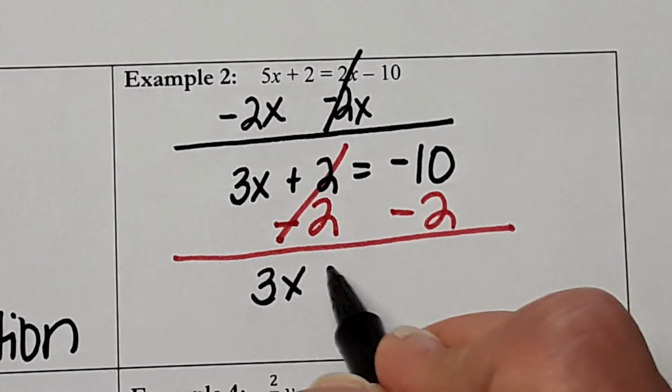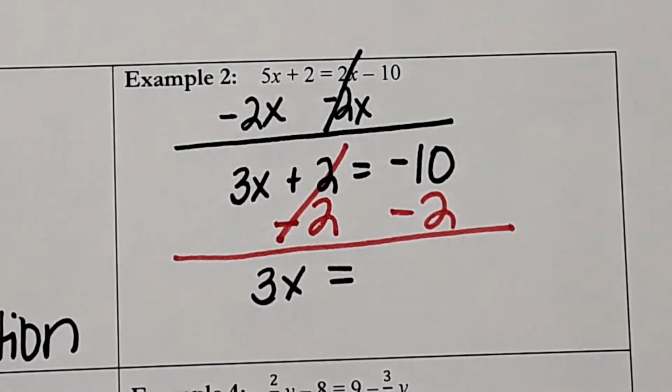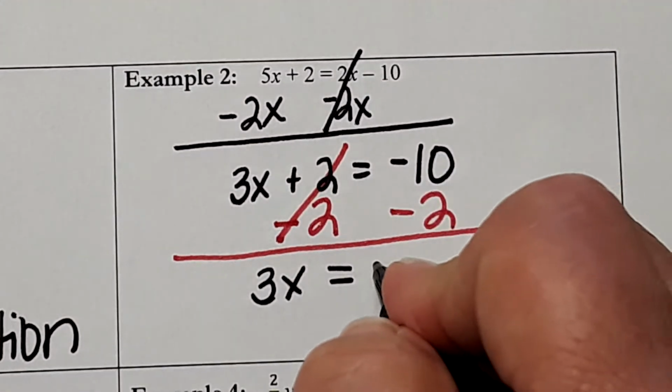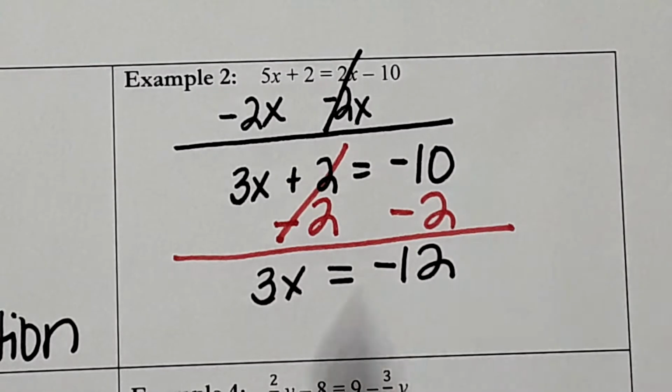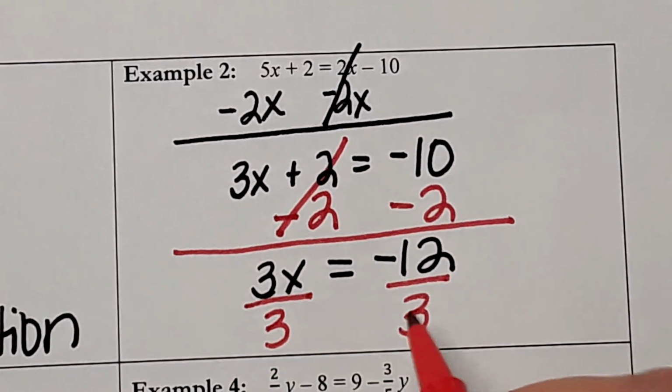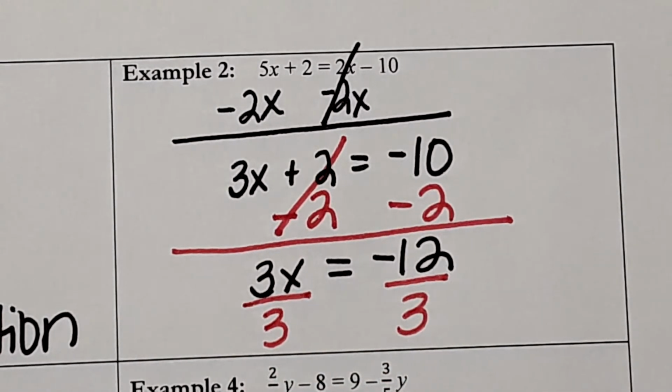These cancel out. You guys, this is -2 minus 2. Well, if you borrowed $2 from me, you borrowed $10 from me, you borrowed another 2, you owe me 12. And now I'm going to divide by what? Remember, you always divide by the number that's in front of the variable.